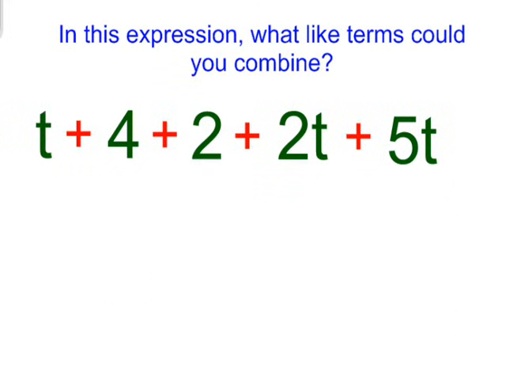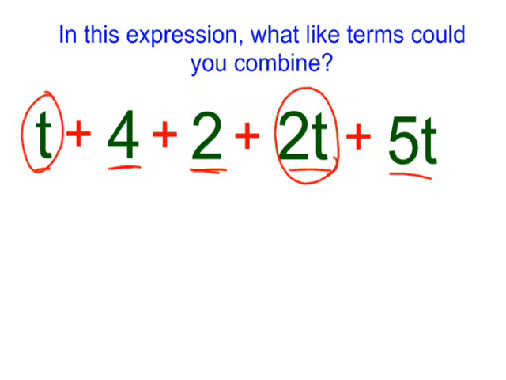All right, let's look at this example. First of all, let's see how many terms we have. We have 1, 2, 3, 4, 5 different terms. And let's see if we can combine any of these. Here we have a t, we have a number, we have 2t, and 5t. Well, we could combine all of the t's together. So this is 1t.